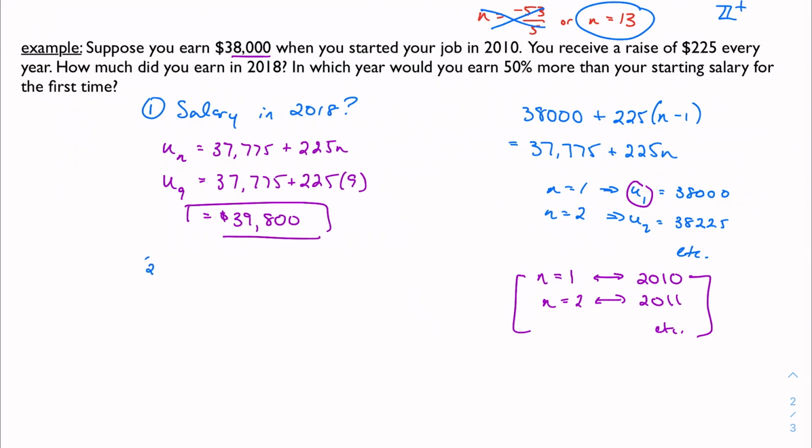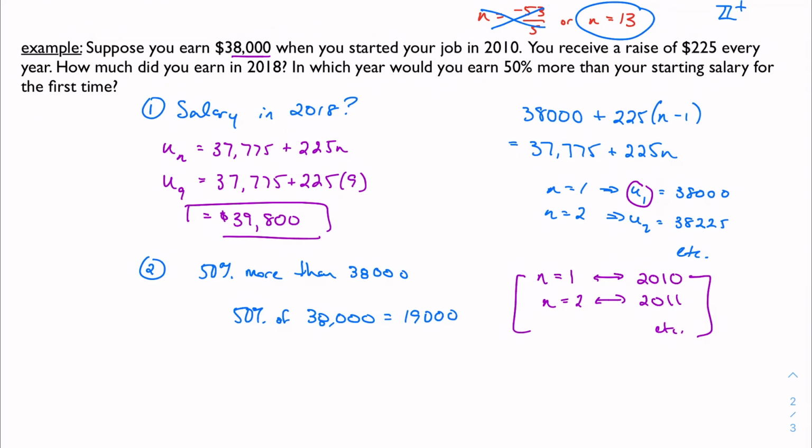The second question is going to involve a little more thinking. In which year would you earn 50% more than your starting salary for the first time? So what's 50% more than your starting salary? Well, 50% of this is 19,000.